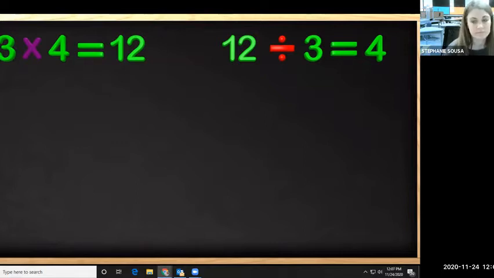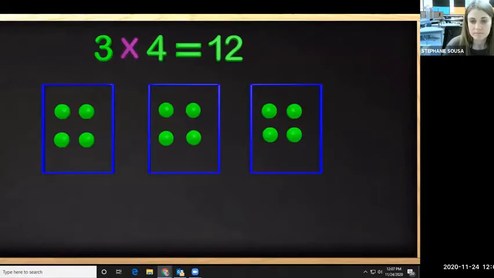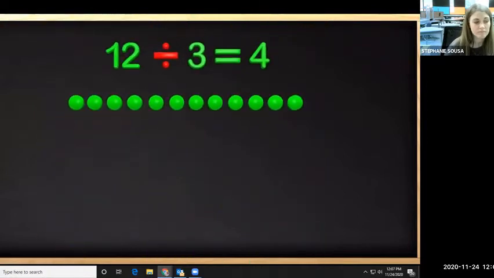Now let's look at the relationship between these two problems. In the problem 3 times 4, there are 3 groups. And within each group, we have 4 dots representing the 4 that are in each group. There are 12 dots total, which is our answer. In the division problem, you will notice that the 12 is at the beginning.